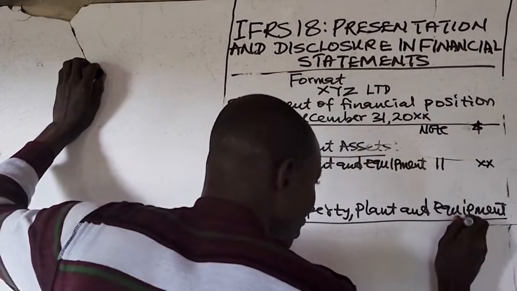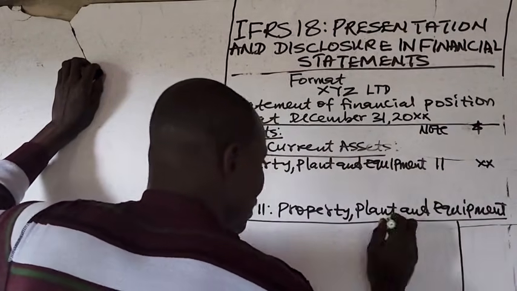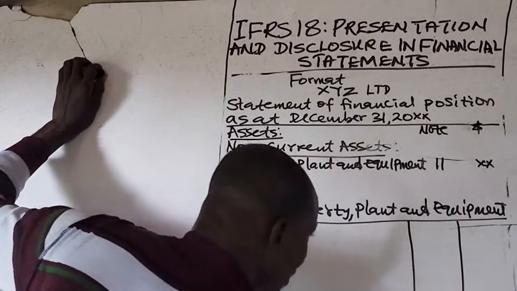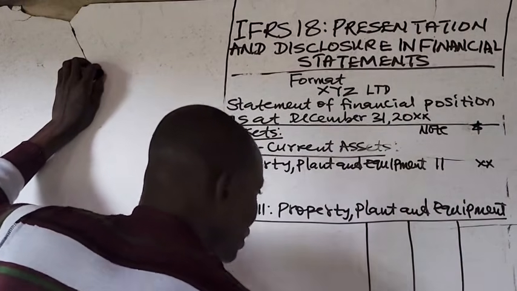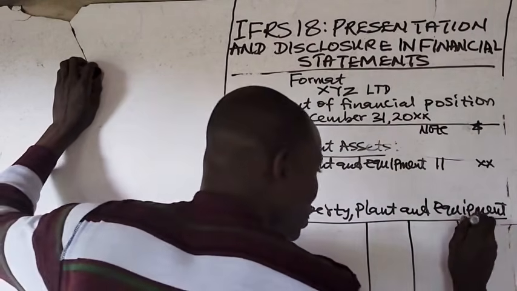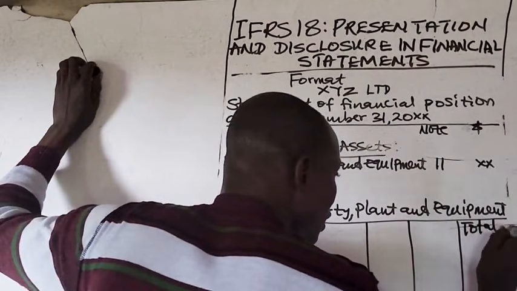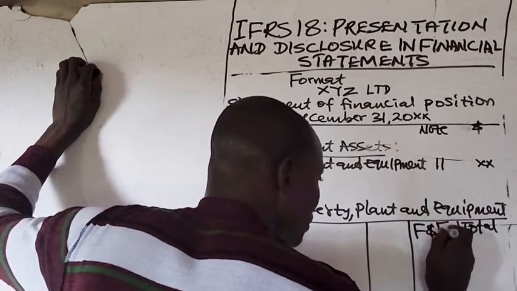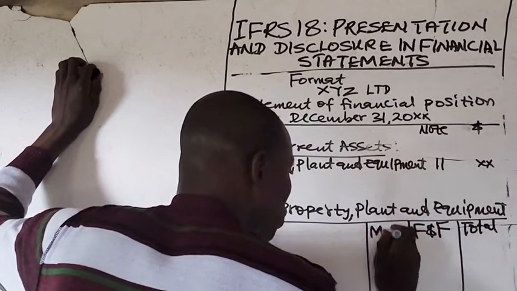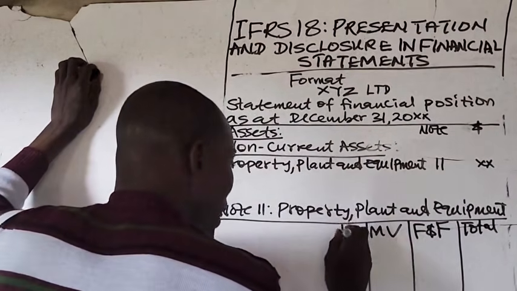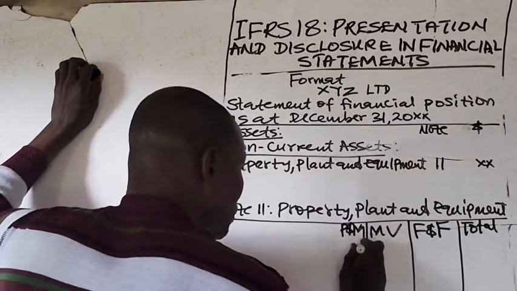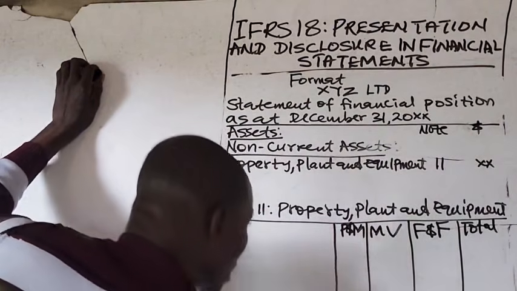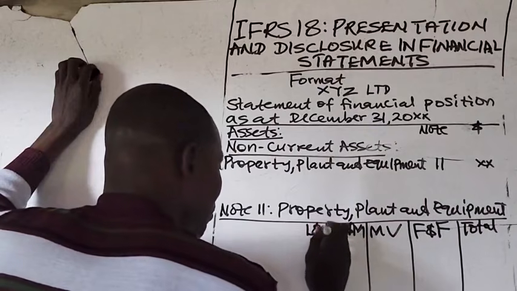So let us assume this is total. This is furnitures and fittings. This is for motor vehicles. This is plant and machinery. This is land and building.